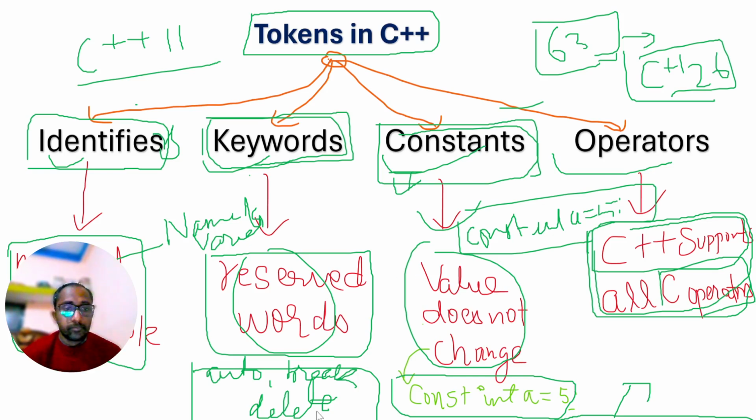So for identifiers, just like practice: int a equal to 5.